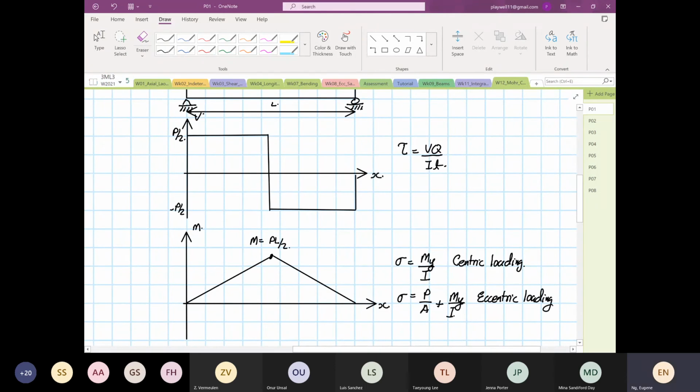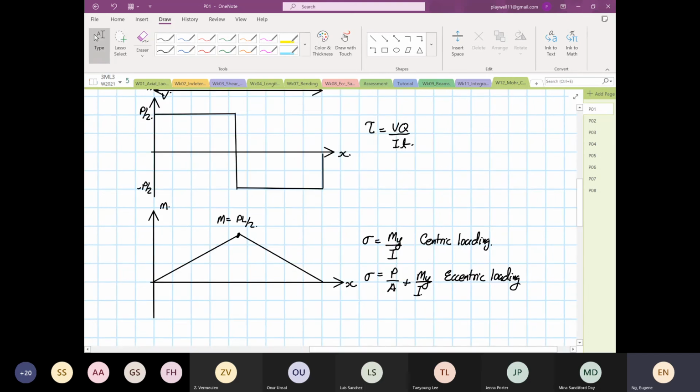Okay, and this is for eccentric loading. So when we select material, right? When I was an undergrad, I would say shear stress is more important than normal stress. No, okay. Both normal stress and shear stress are important depending on the loading situation, right? Okay. So now, how do we combine both of them together?